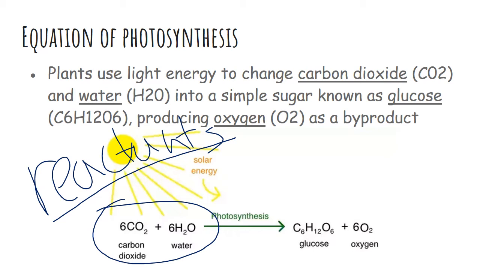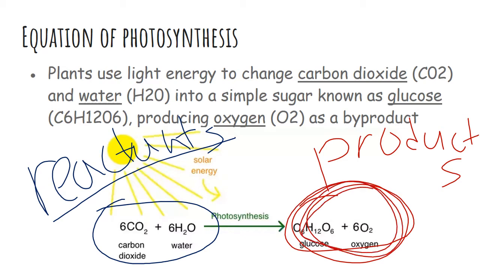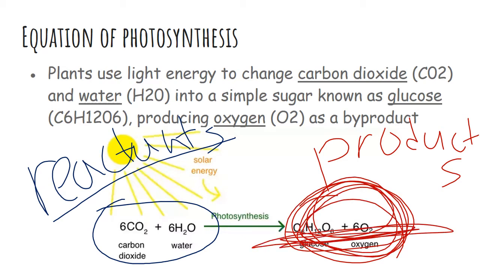On your right side, so over here, you have your products. Products are like, you go to a store, right? The products are things that you buy. So these are the things that come out of your store trip. It's the best way I can come up with how you can remember that. So reactants are over here on the left side. Products are over here on the right side. You will need to know or at least recognize this when you see it.